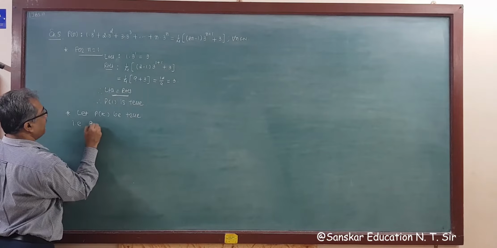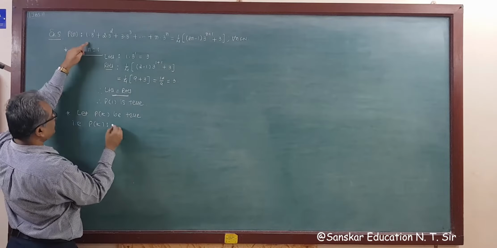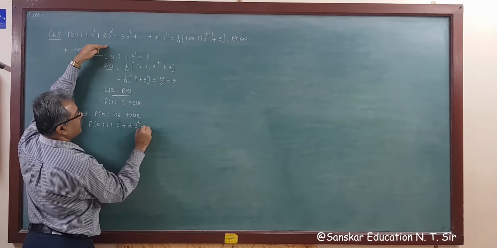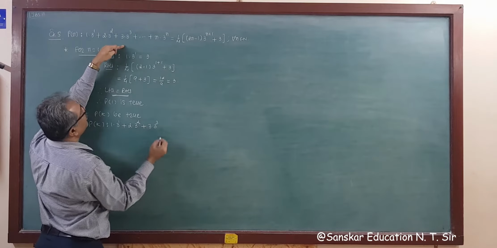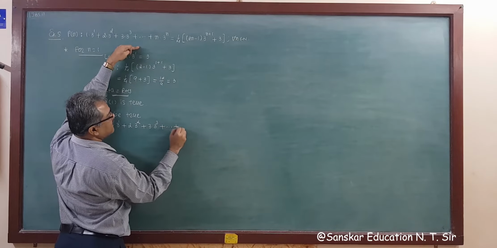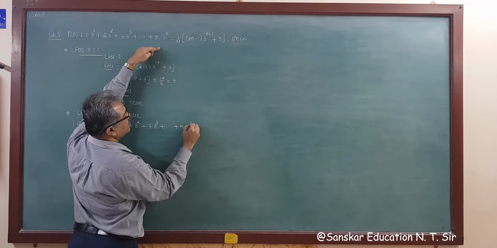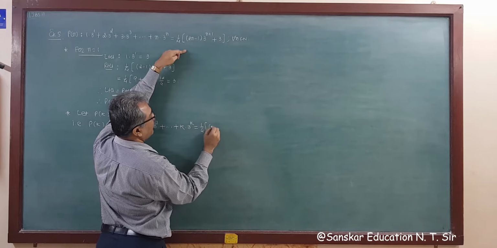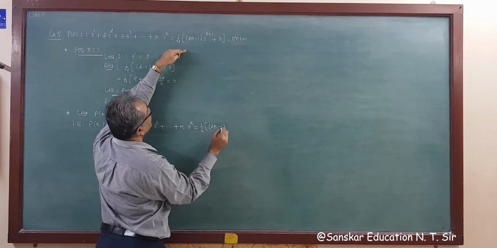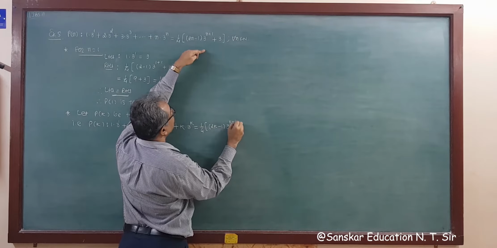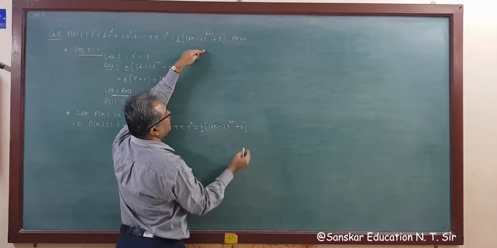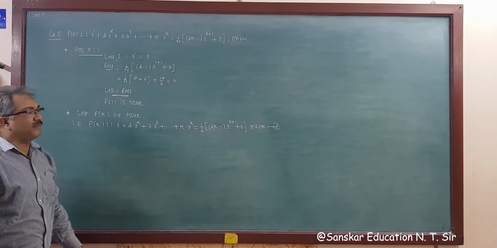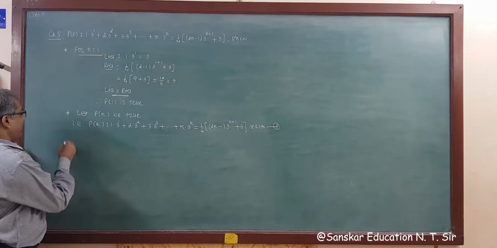So Pk is 1 into 3 raised to 1 plus 2 into 3 square plus 3 into 3 cube plus dash plus k into 3 raised to k is equal to 1 upon 4 into (twice k minus 1) into 3 raised to k plus 1 plus 3, for all k belongs to N. Say result number 1.